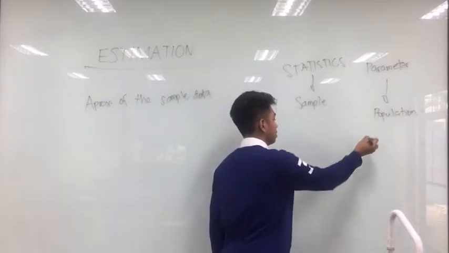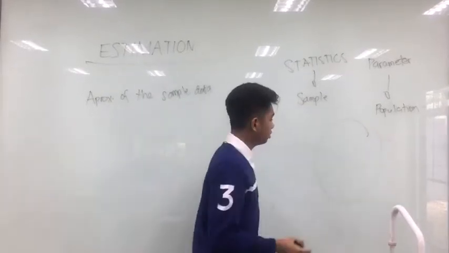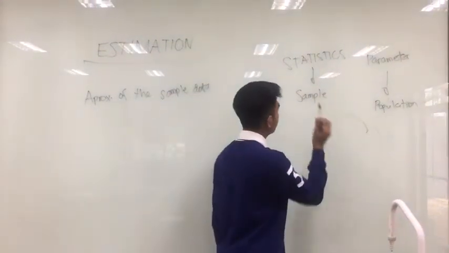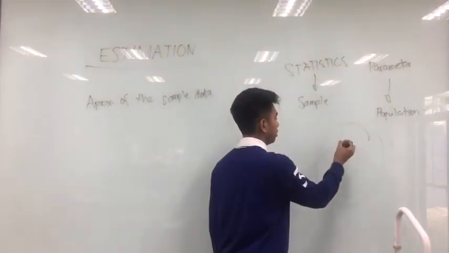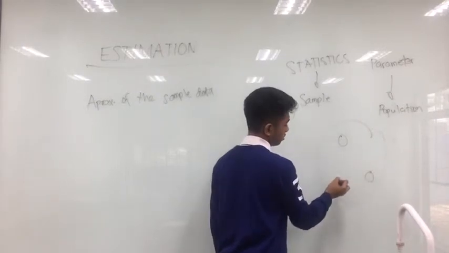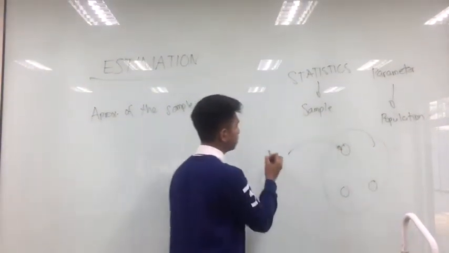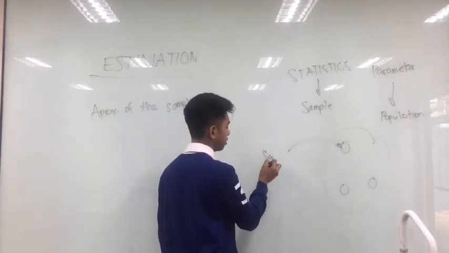For example, in a diagram, this is the whole population, the whole circle. And we will get a statistic or a sample. Here are samples from the whole population. So this is called a sample or a statistic.